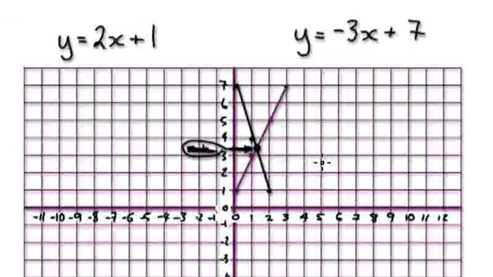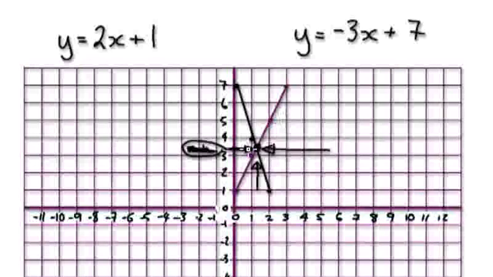Okay, let me just zoom out here. So the y values of the purple line and the black line will be the same at the point at which the two lines cross. And the same will be true for the x value: the x value at the point at which the two lines cross will be exactly the same.